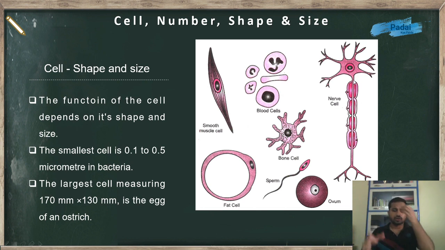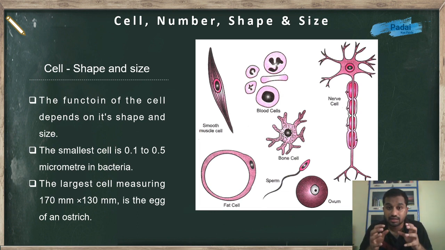It is totally different from the muscle cell, because the muscle cells are structured in that way. The shape and size is designed that way so that it will help in movement. Example, I'm moving my hand, right? So basically the shape and size totally depends on the function. The function of the cell depends on its shape and size.